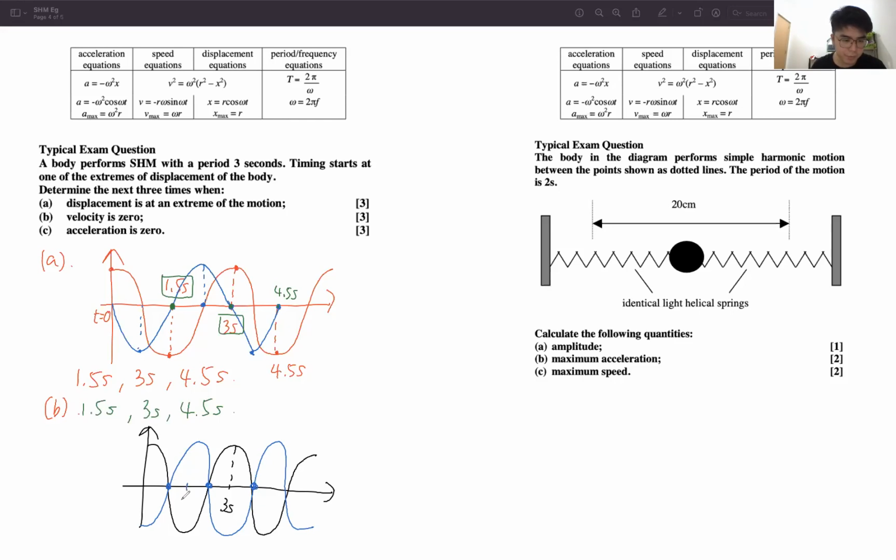This is 1.5 seconds. That means this is 0.75. The next one is this one. So this is 3/4 of the 3 seconds. That's 2.25. And this one is 5/4 of 3 seconds, 3.75.